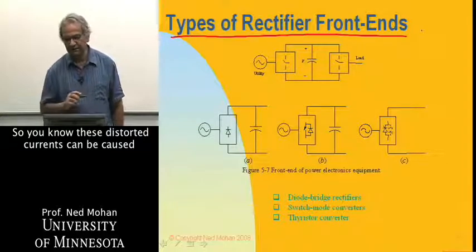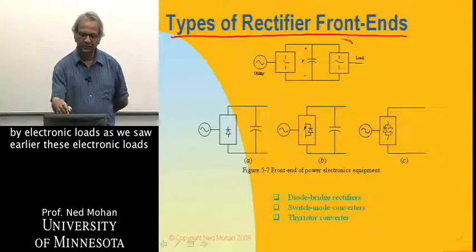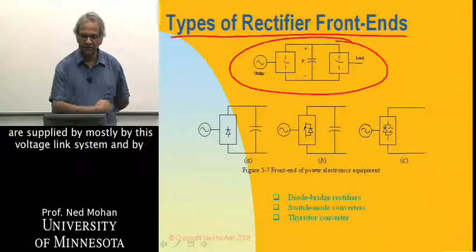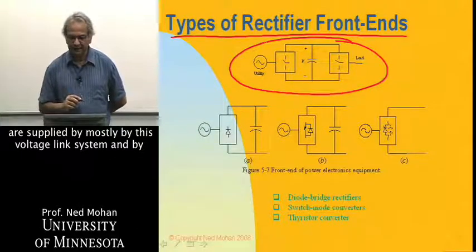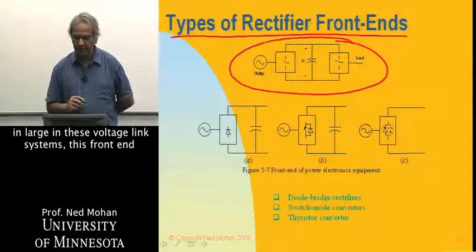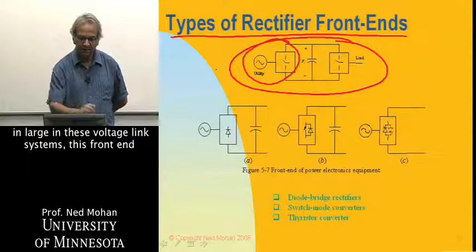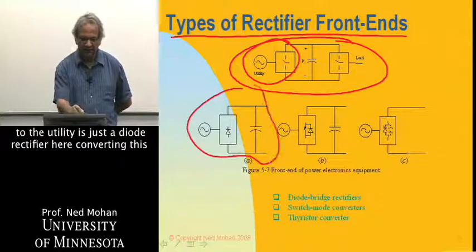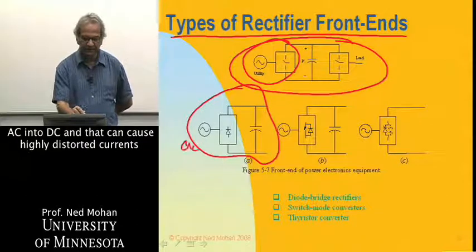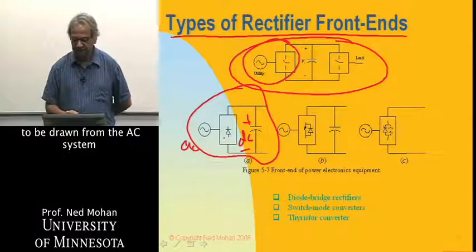These distorted currents can be caused by electronic loads. And as we saw earlier, these electronic loads are supplied mostly by this voltage link system. And by and large, in these voltage link systems, this front end, which is connected to the utility, is just a diode rectifier here converting this AC into DC, and that can cause very highly distorted currents to be drawn from the AC system.